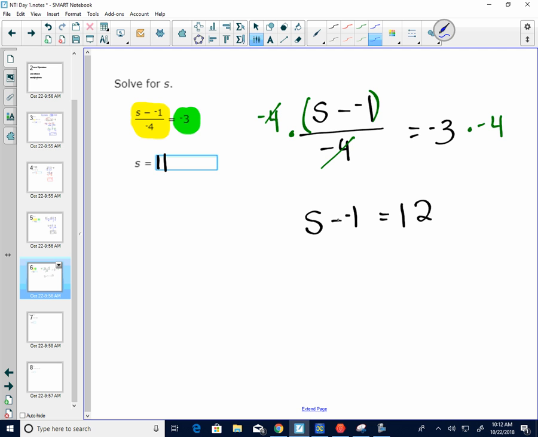Well, minus a negative really makes this plus 1. So what is the opposite of adding 1? Well, subtracting. 1 minus 1 is 0, so s is left by itself, equal to 12 minus 1, and it worked out to be 11.